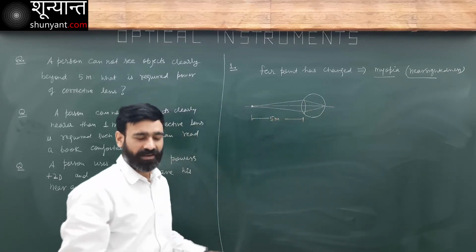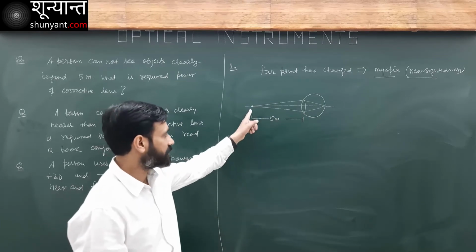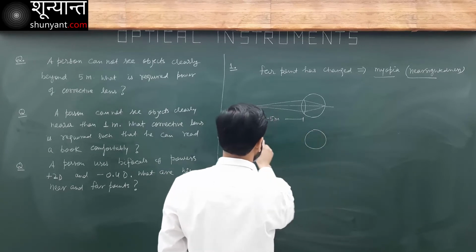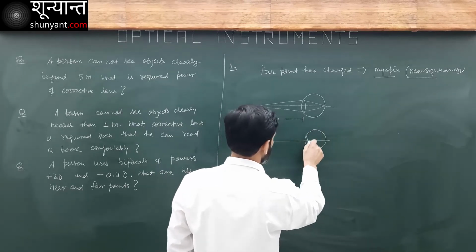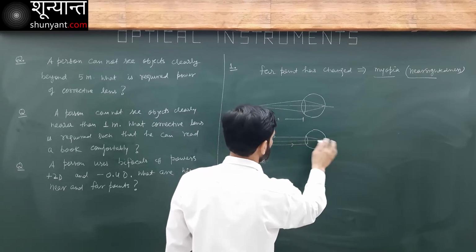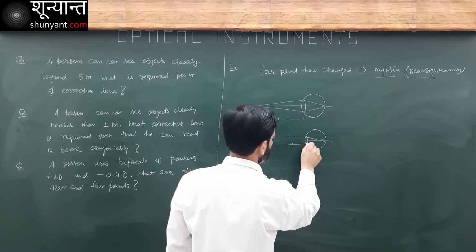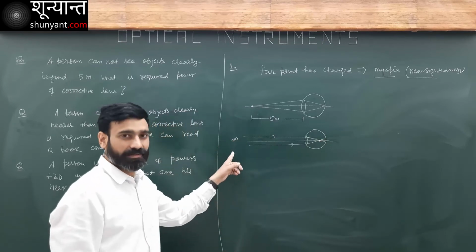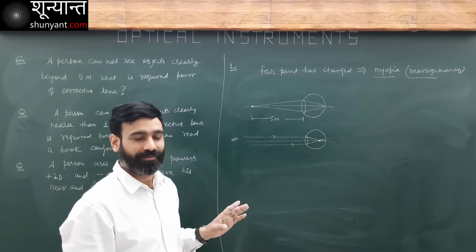My eye is defective, but I can see this at 5 meters. This I cannot see. What do I do?